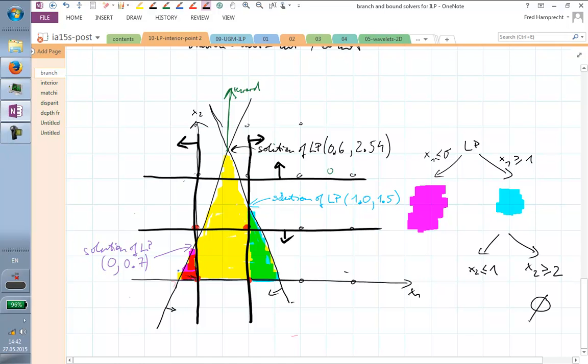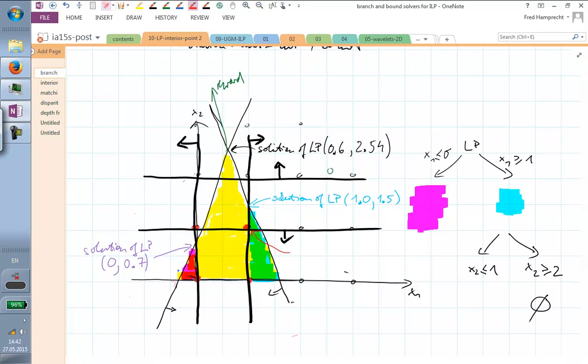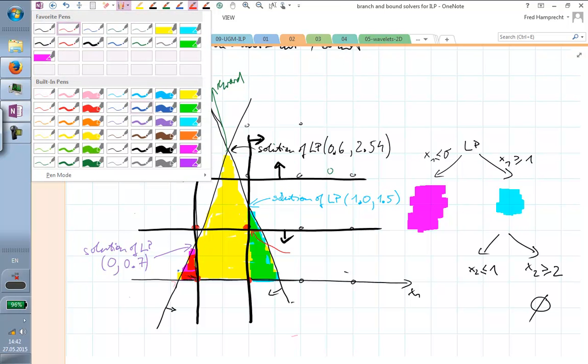But in the other case, I'm now tilting my reward vector a little bit to make the thing more clear. Let's argue that the reward points here. At this point, I get a new solution to my LP, which lies in this corner here. Let me pick a new color.